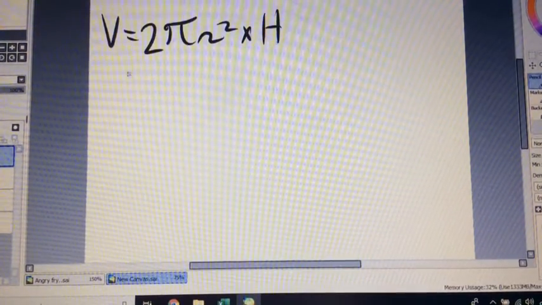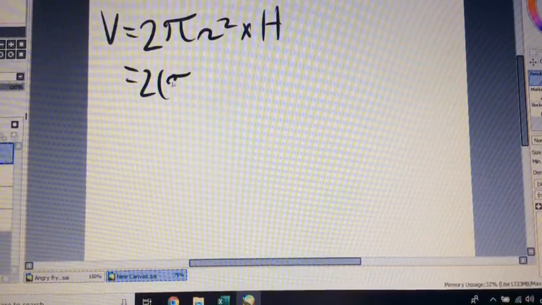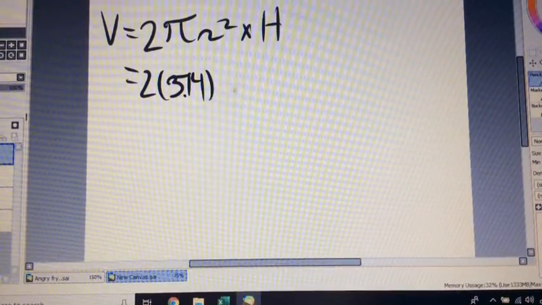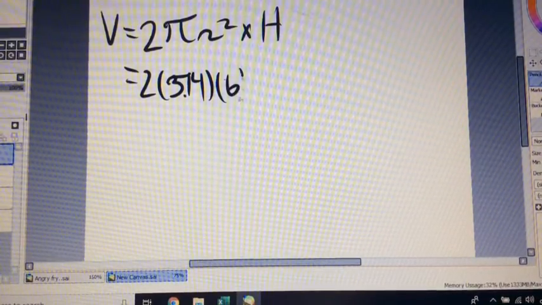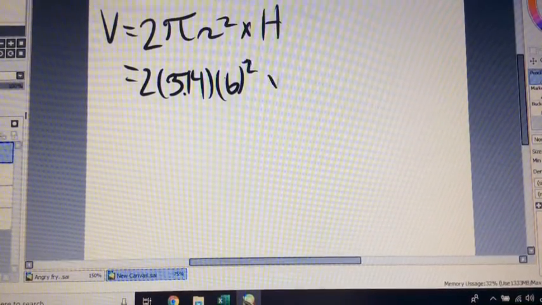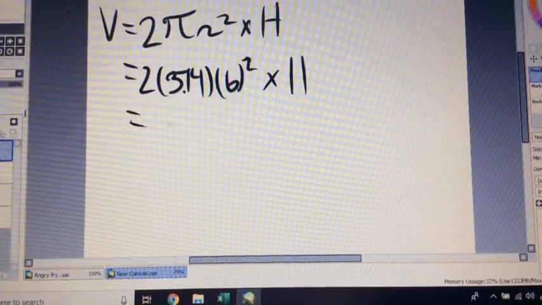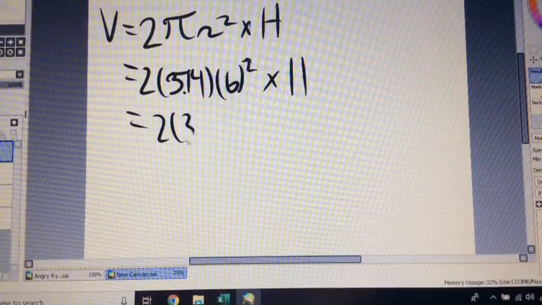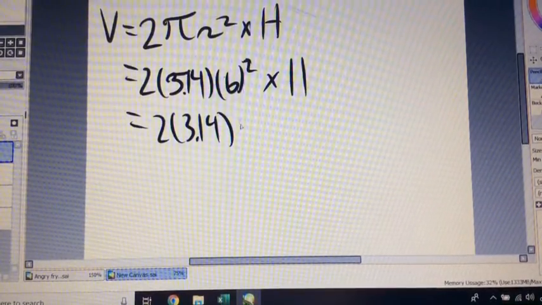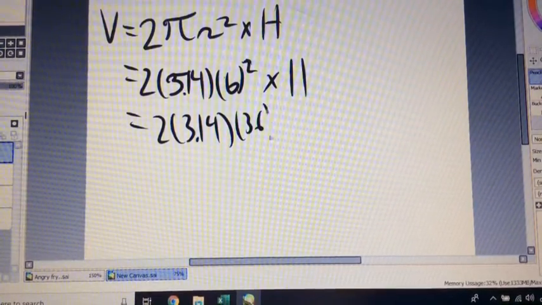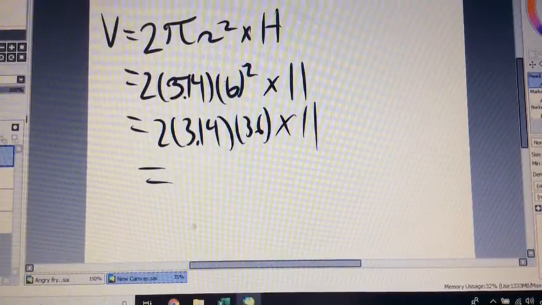So let's just plug in the numbers. 3.14 times 6 squared, which is 36, times height, which is 11. And then all we have to do now is punch that into our calculator.